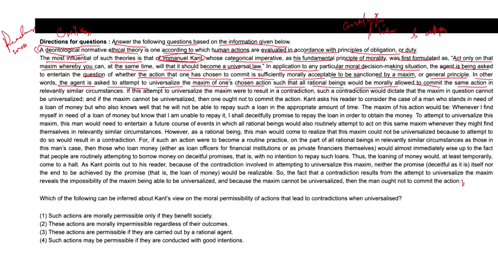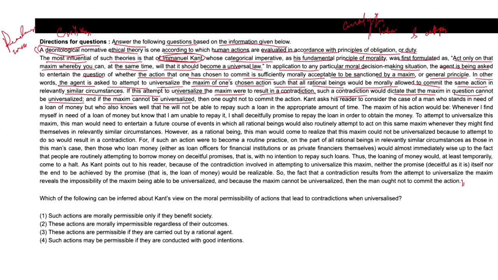If this attempt to universalize the maxim were to result in a contradiction, such a contradiction would dictate that the maxim in question cannot be universalized. And if the maxim cannot be universalized, then one ought not to commit the action.